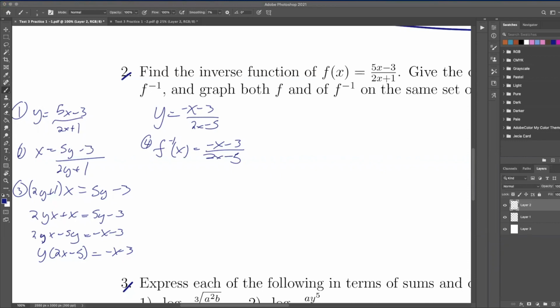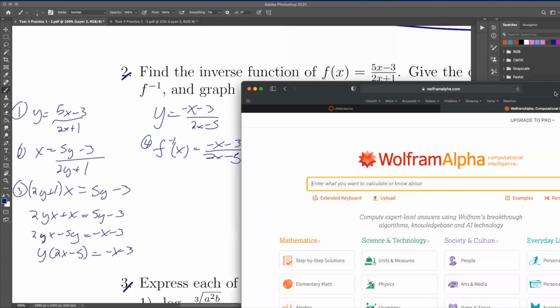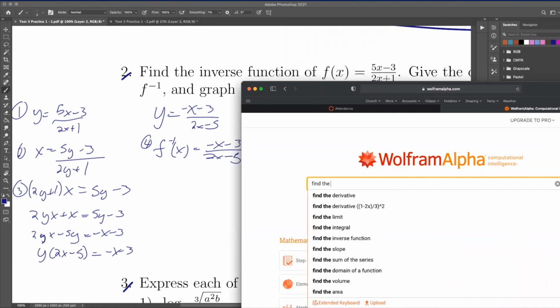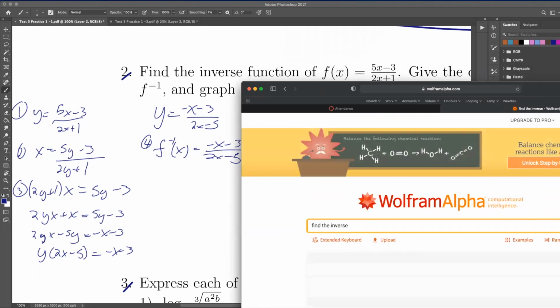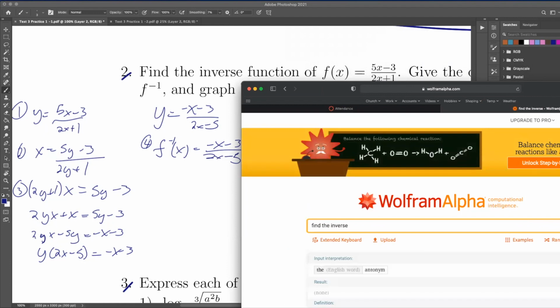Wolfram Alpha. Hi. All right, do I remember how to do this? No, we'll just say find the inverse. Y is equal to 5x minus 3 divided by the quantity, I should make sure I put this in parentheses, 2x plus 1.